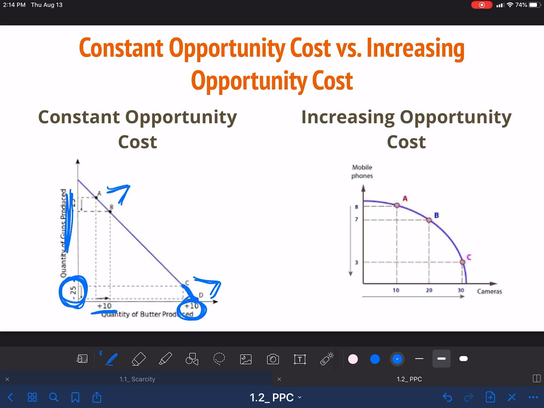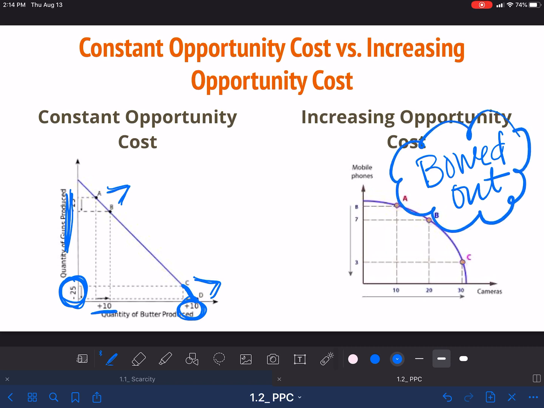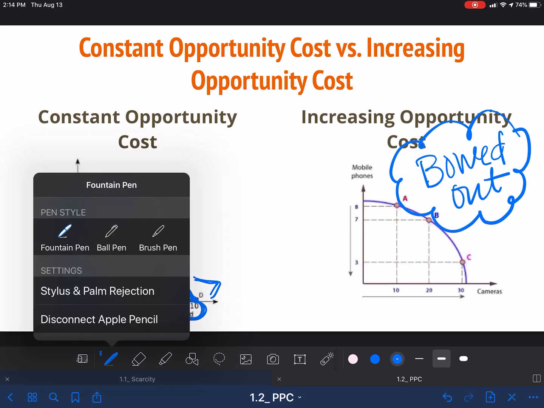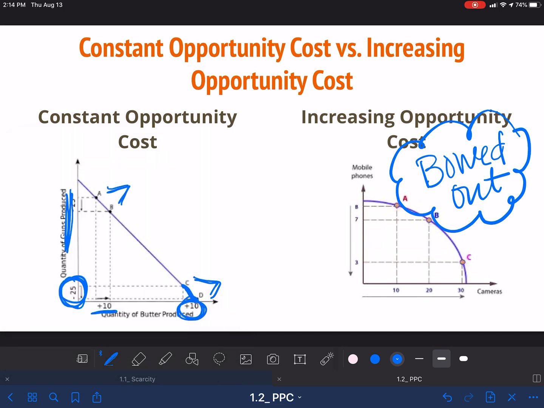We can also look at the production possibilities curve as an increasing opportunity cost, meaning it is bowed out. So I would definitely have bowed out written down somewhere next to the increasing opportunity cost PPC. So the bowed out production possibilities curve, the increasing opportunity cost, is going to show an increasing cost as we move from point to point.